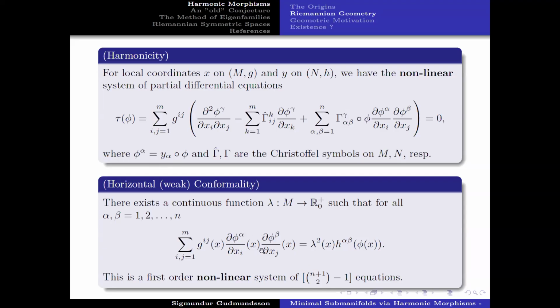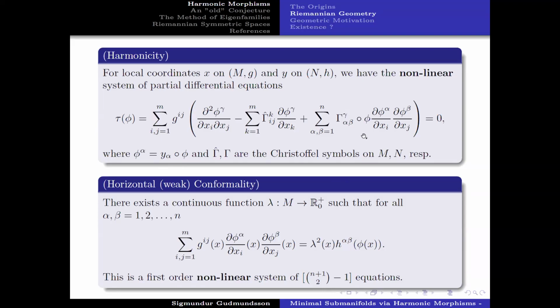But you see that this here is nonlinear. If we are looking at the complex plane, then this H alpha beta is just delta alpha beta. So this is easy, but you still have this nonlinear problem, and the difficulty lies here.